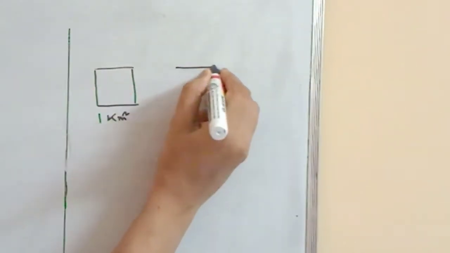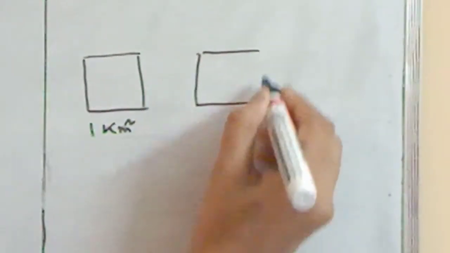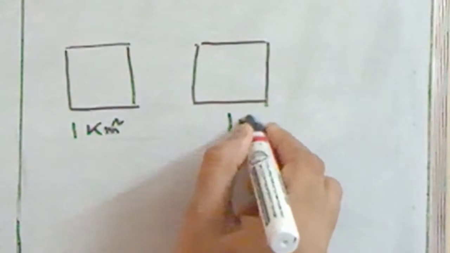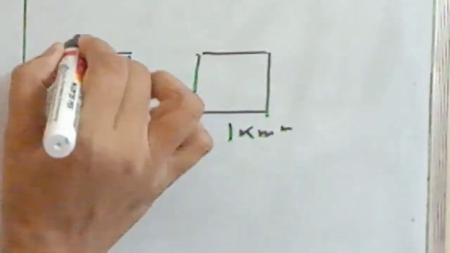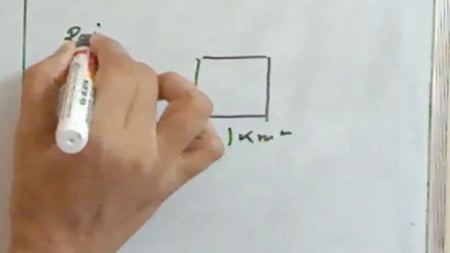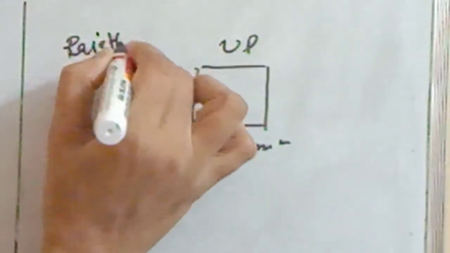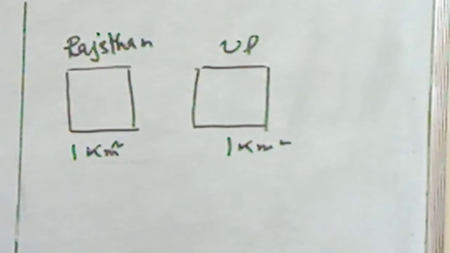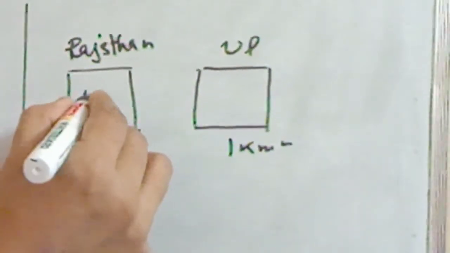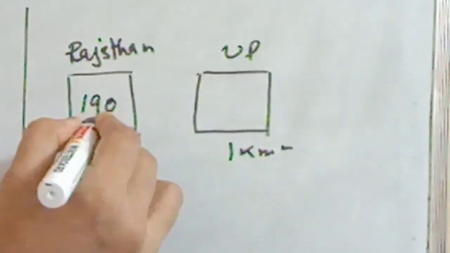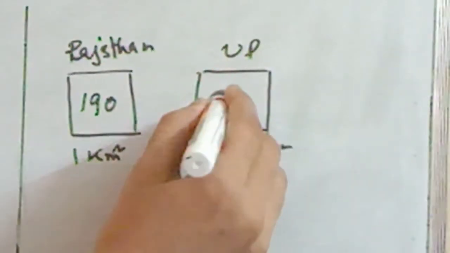So this is Rajasthan and this is UP. Now in Rajasthan you have seen that 190 people are staying in this area and in UP it is 830.